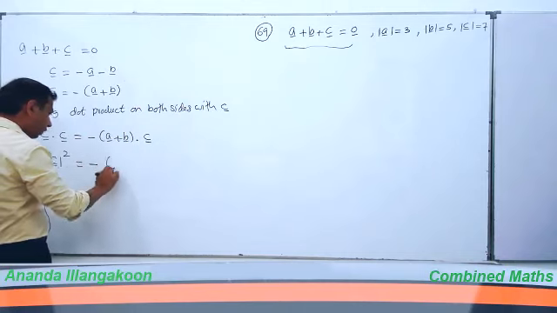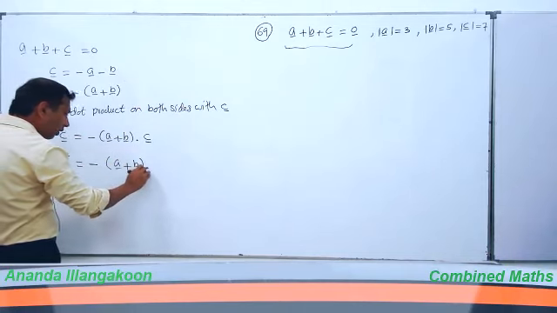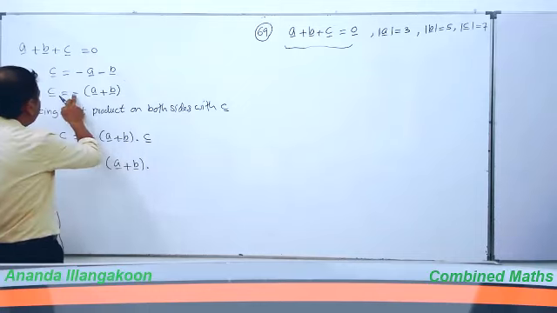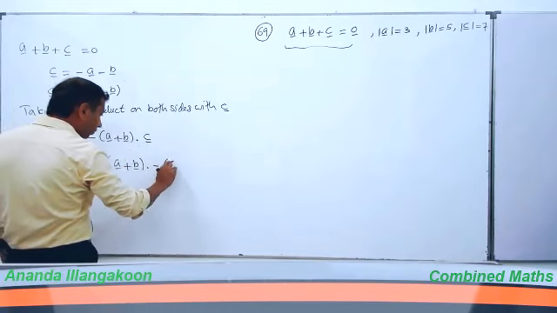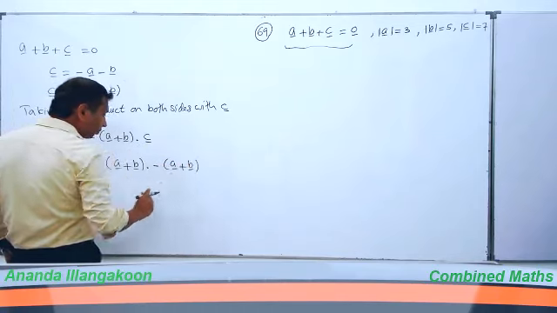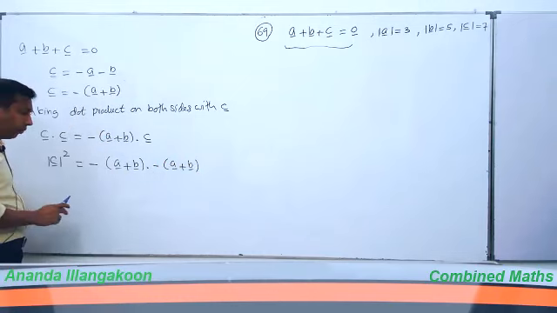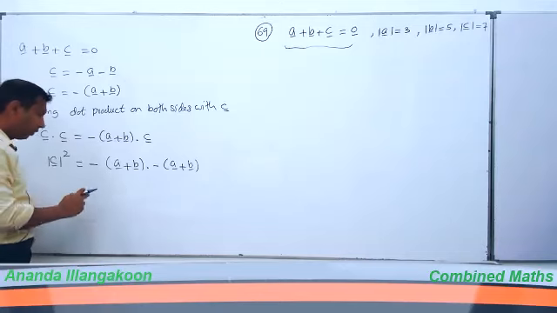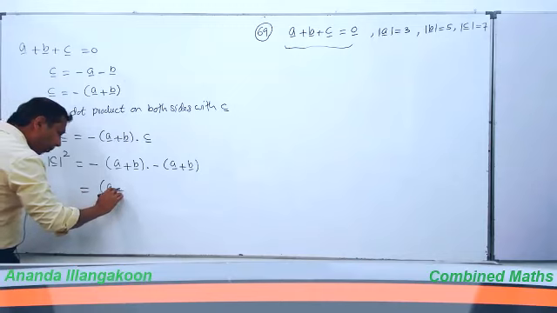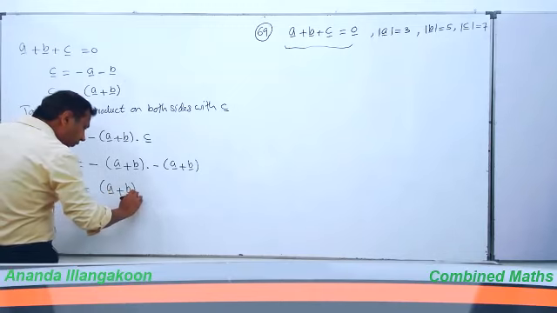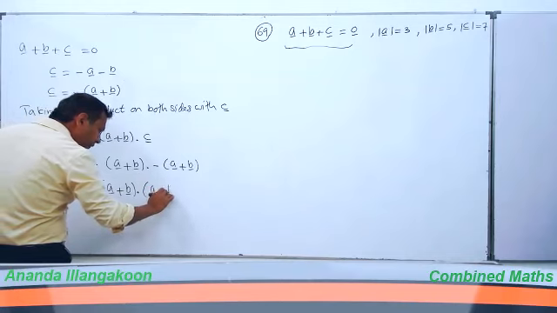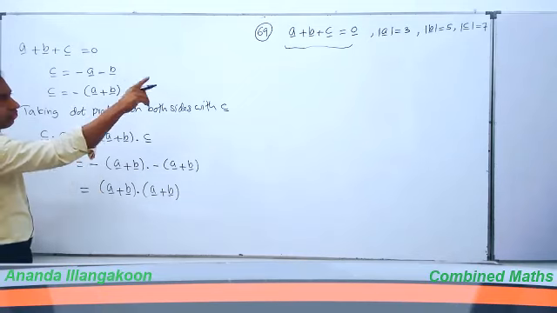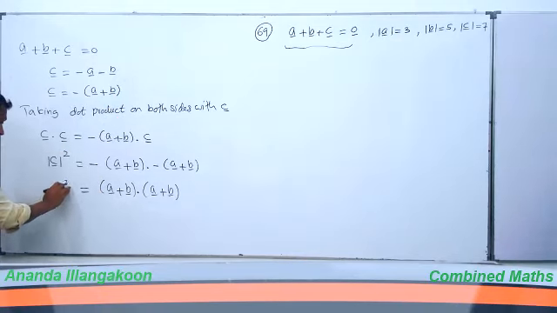Right hand side: minus A plus B dot minus A plus B. Now this minus and this minus we can multiply. It's plus. Now we have A plus B dot A plus B. Left hand side mod C squared. But mod C is 7, then its square.